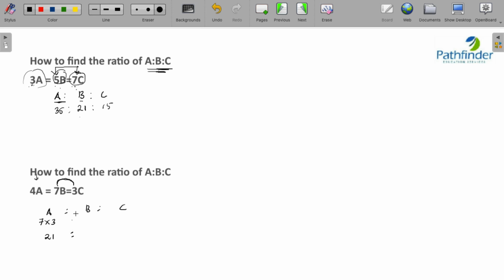As to B के लिए we ignore these terms and we multiply 4 and 3. And what do you get? 4 into 3 is equal to 12. For C, we ignore this term and multiply 4 into 7, that is 28. So 21 as to 12 is to 28. This is the ratio of A, B and C.